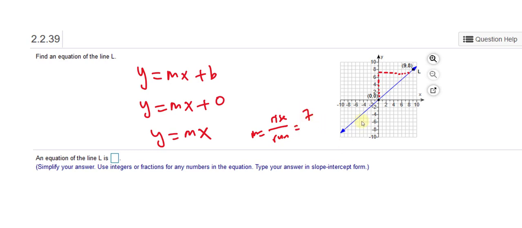So you have to rise 7 units, and then you run to the right by 8 units. So your m should be 7 over 8, so y equals 7 over 8 x. So this is the equation, y equals 7 over 8 x.